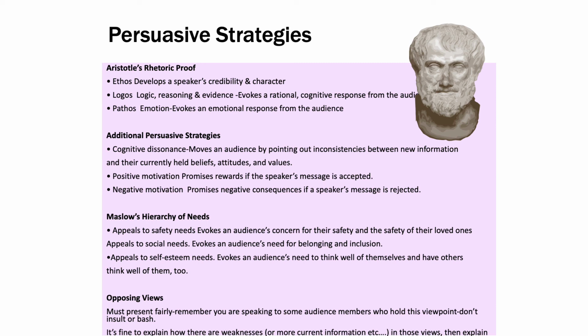So there's a strategic way to appropriately discuss opposing viewpoints, but most students forget, and I always play devil's advocate, that I'm sitting in the audience and chances are I disagree with you. And so they'll flat out tell me how the other side is stupid. And I'm like, really? You just insulted me to my face.